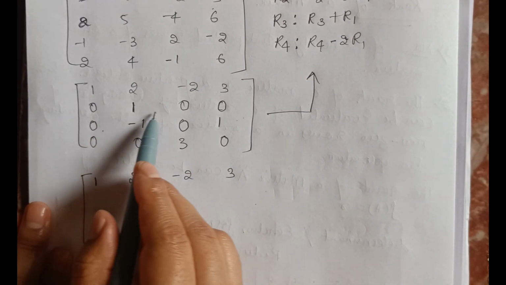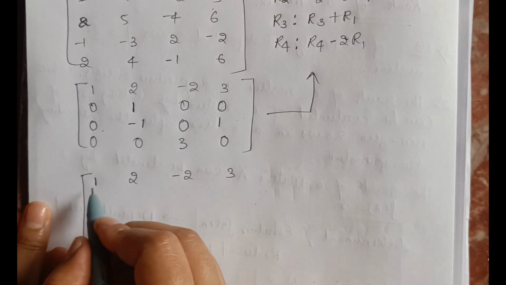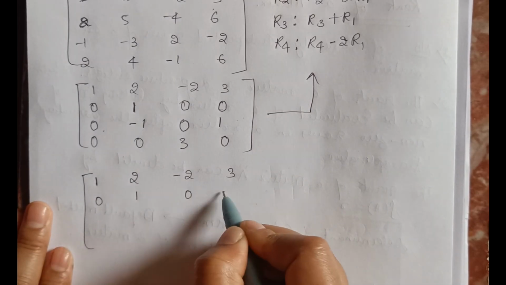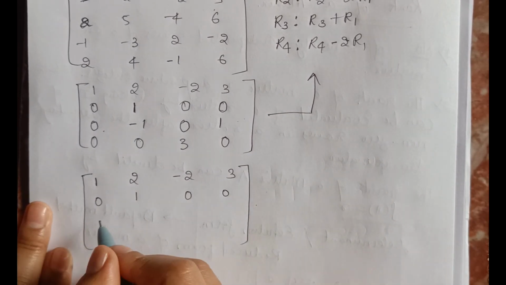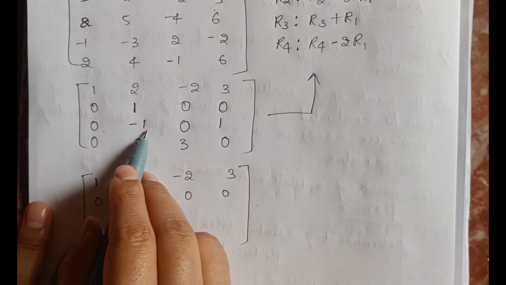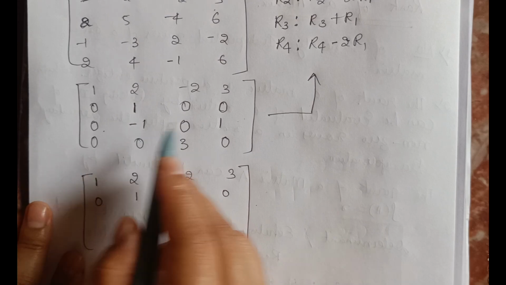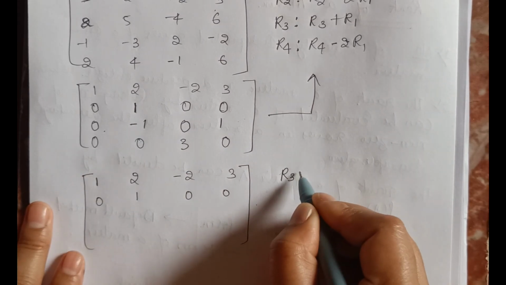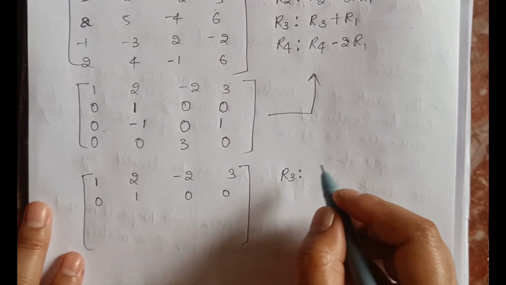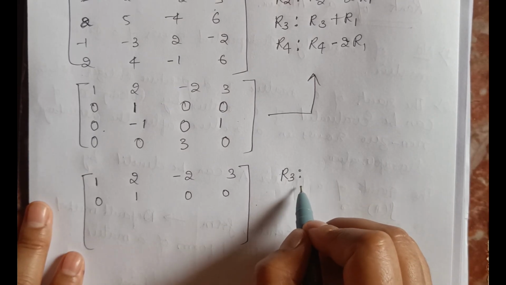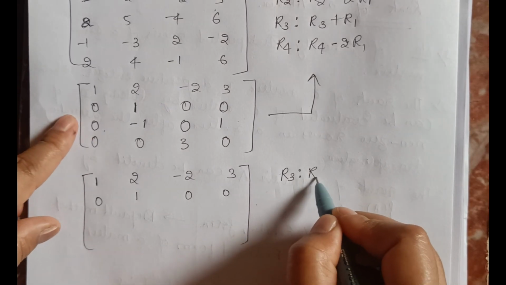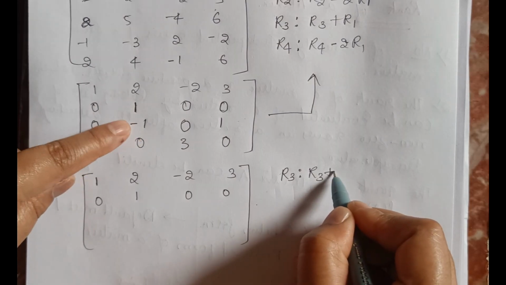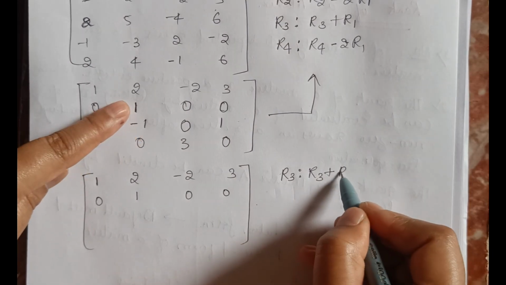Row 2 also we are not going to touch. Row 3, yes, we are going to touch because we have to make this 0. So let me make some transformation in row 3. Row 3 changes to R3 plus R2.